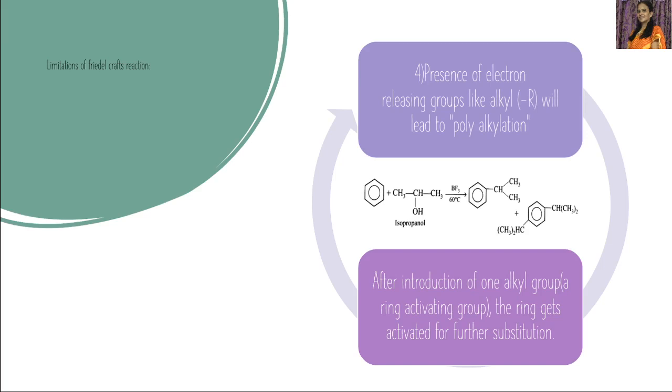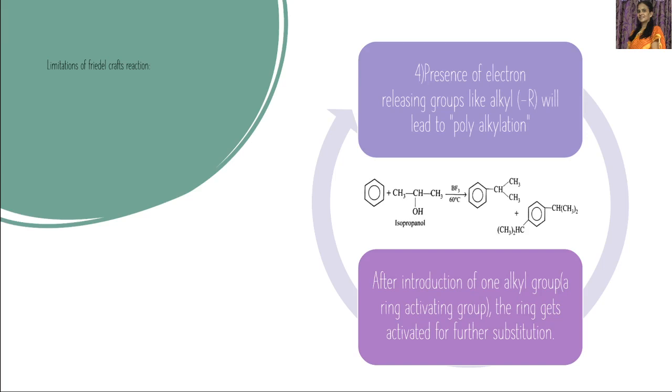When treated with isopropanol in the presence of a Lewis acid like BF3 on heating to 60 degrees centigrade, then what happened? We get isopropyl benzene, and the other product is 1,4, that is para, 1,4-diisopropyl benzene. Okay, dialkylation is taking place.